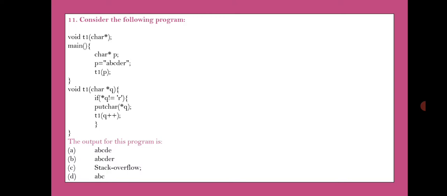After each call, the same address will be passed to t1 of q. Then the address is incremented. q always contains the initial address, because we are saying q plus plus, right? Hence the stack will overflow. So the answer is C.